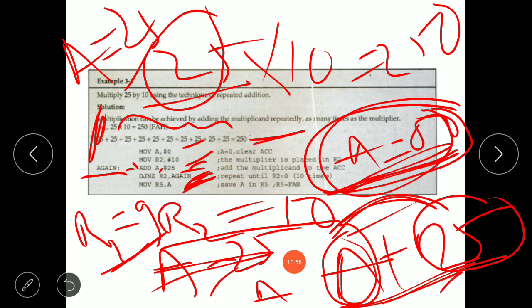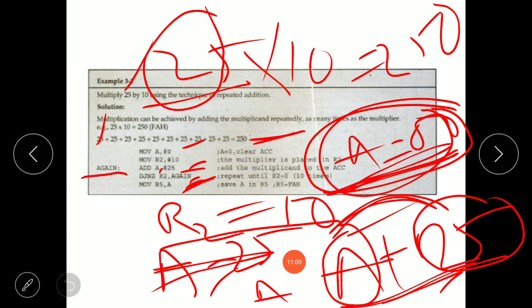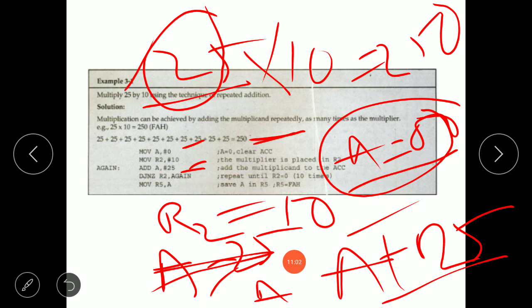Let me clear it. Initially the value of accumulator was 0. After one addition the value of accumulator is 25. Now since R2 is not 0, it will jump to the loop again, and again the value 25 will get added to the value of the accumulator, and the result will get stored in the accumulator.